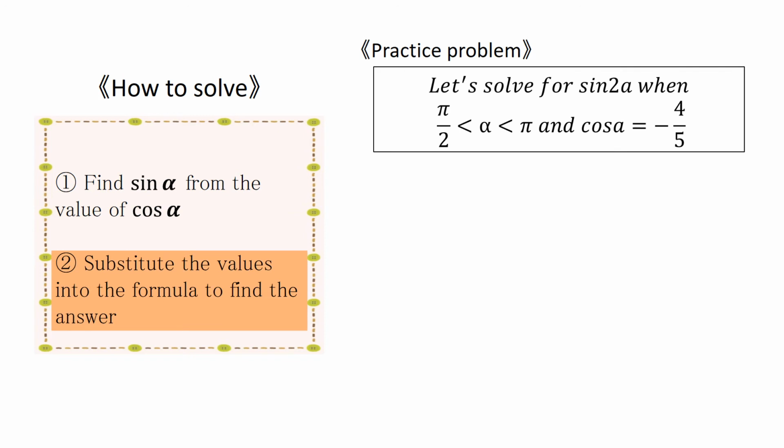Next, let's substitute the values we know into the formula. Right now we know that sin alpha equals 3 over 5 and cosine alpha equals negative 4 over 5. Let's apply these to the double angle formula.